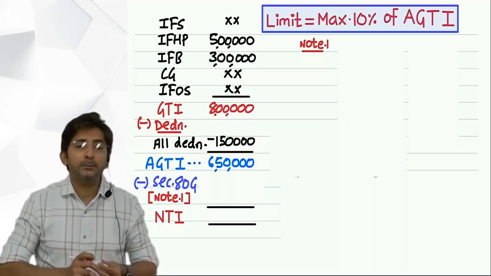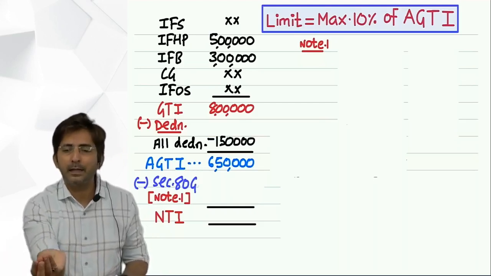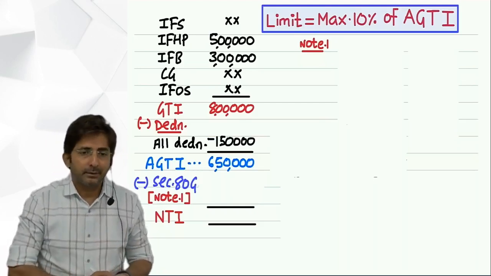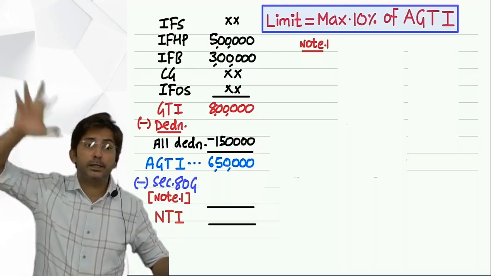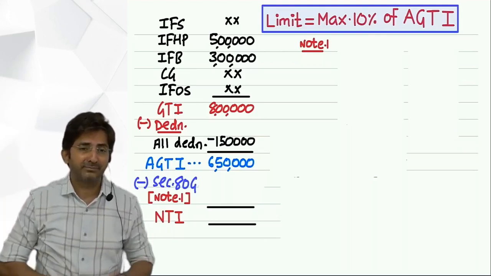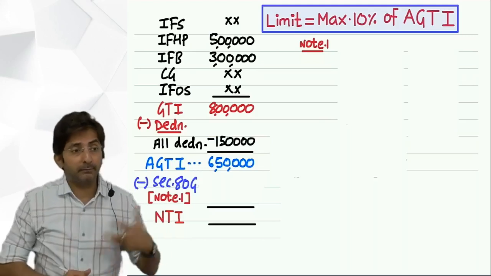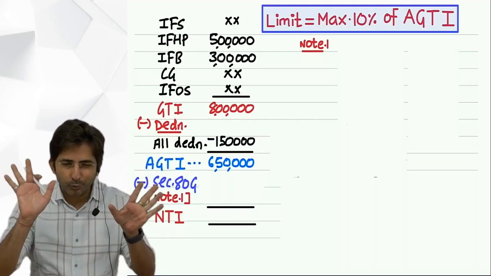In real life it is possible, but in real life we donate only a little amount. See, the government has put a limit: maximum 10% of AGTI you can donate. But no one donates that much. While solving the sum we can think, what if I donate so much? Be practical, no one gives that much donation.